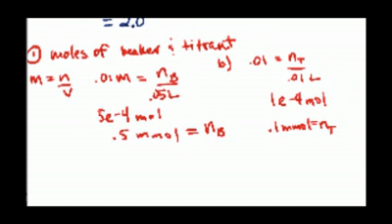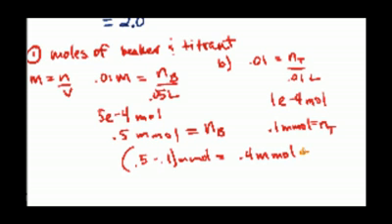So we take the difference, 0.5 minus 0.1 millimoles, equals 0.4 millimoles. And this is the moles of HCl left in the beaker.